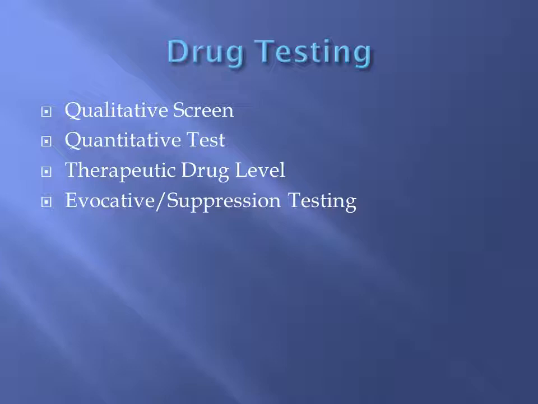A therapeutic drug level is present in significant quantity to have a desired effect, but not in an amount high enough to be dangerous. And evocative or suppressive testing determines a patient's reactions to a substance by using an agent to increase or decrease the patient's level of that substance.